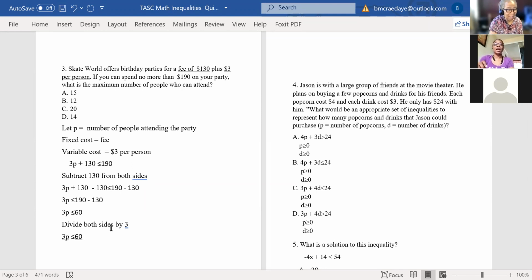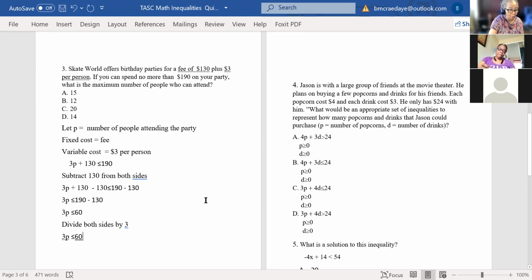When you're given the numbers like this, it's better to just subtract the 130 from the 190, get 60 and divide it by 3, and you get 20.